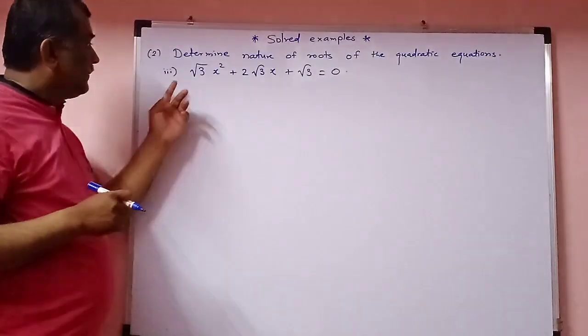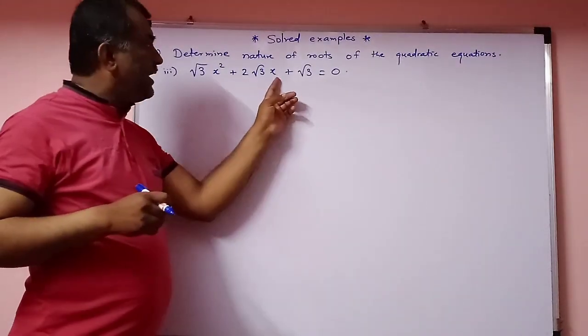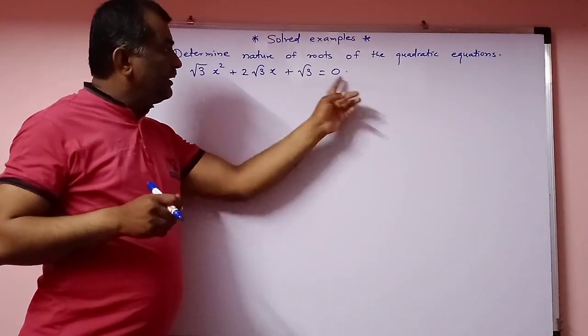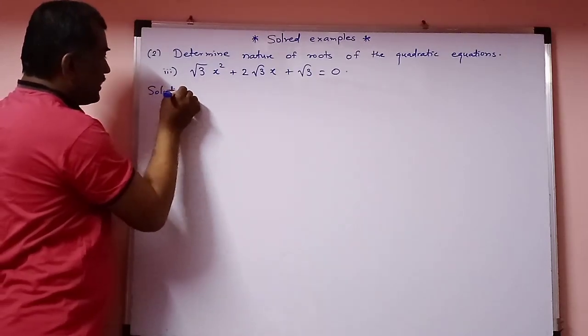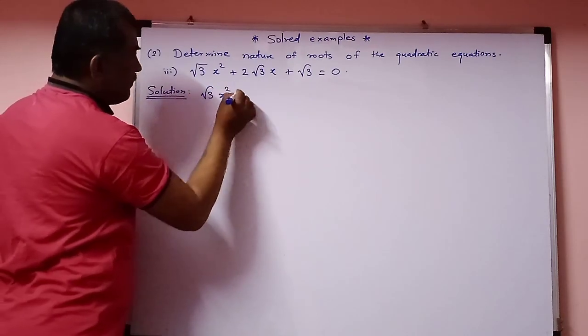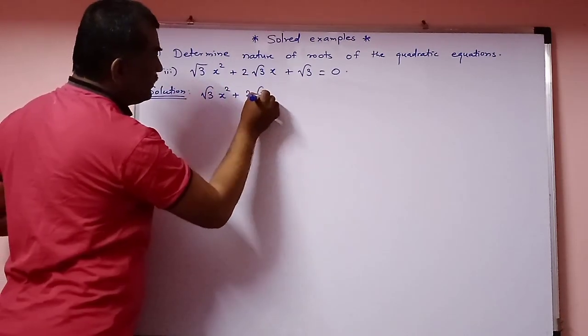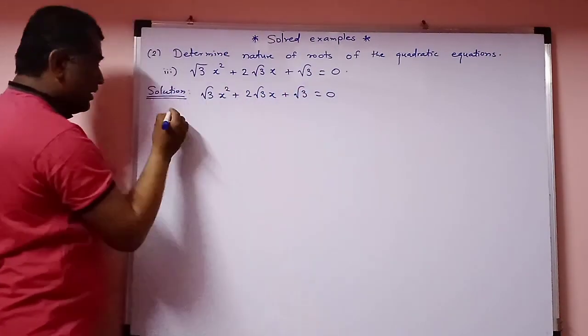Third example, see. Square root of 3x square plus 2 square root of 3x plus square root of 3 is equal to 0. Solution. First write the given quadratic equation. Square root of 3x square plus 2 square root of 3x plus square root of 3 is equal to 0.